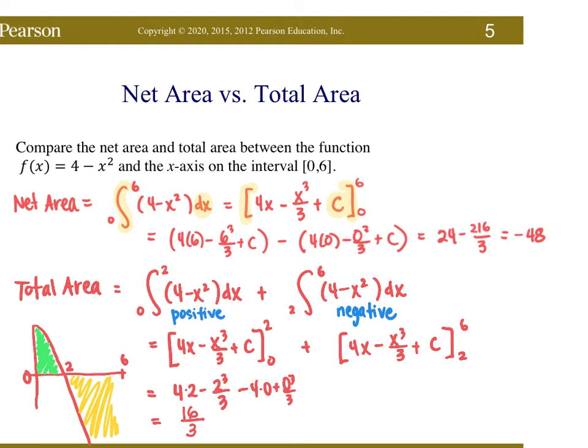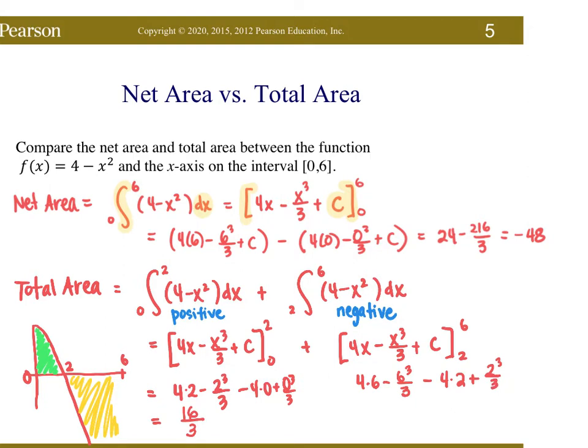The second half of it, when we plug in, we're going to get 4 times 6 minus 6 cubed over 3 minus 4 times 2 plus, when I distribute, 2 cubed over 3.